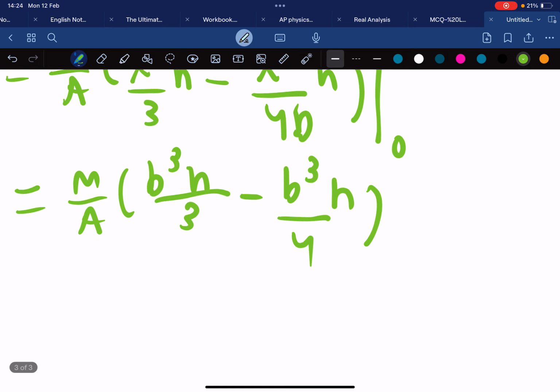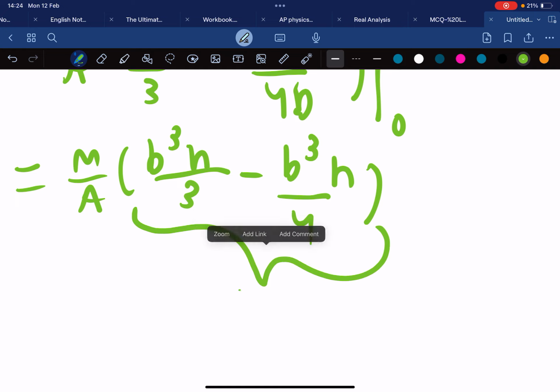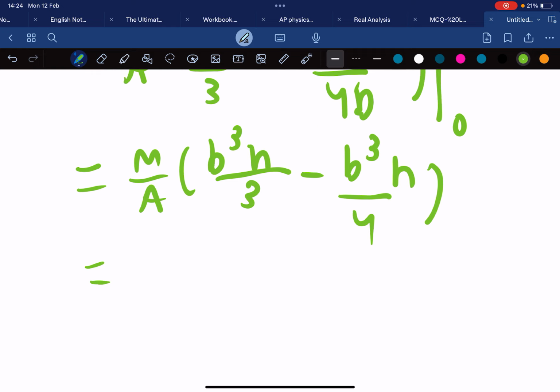When we add these together, this equals 1 over 12 b cubed h. So this equals b cubed h m over A, times 1/12.